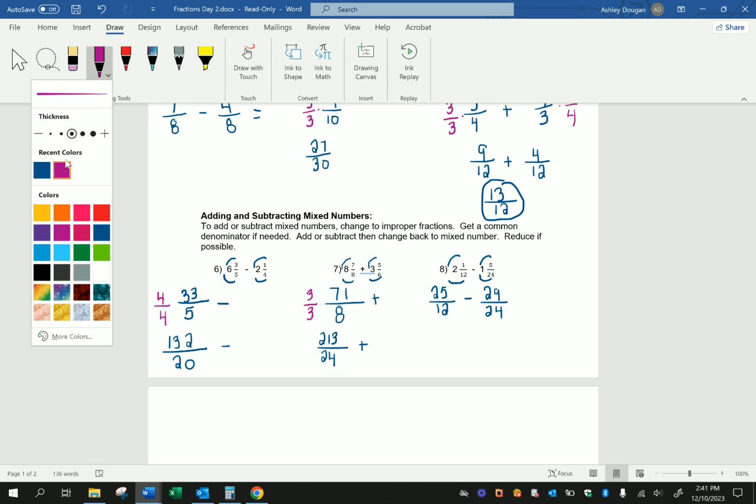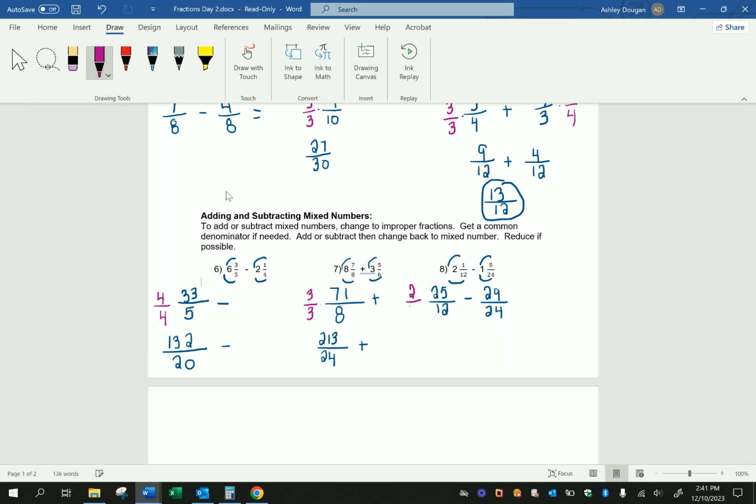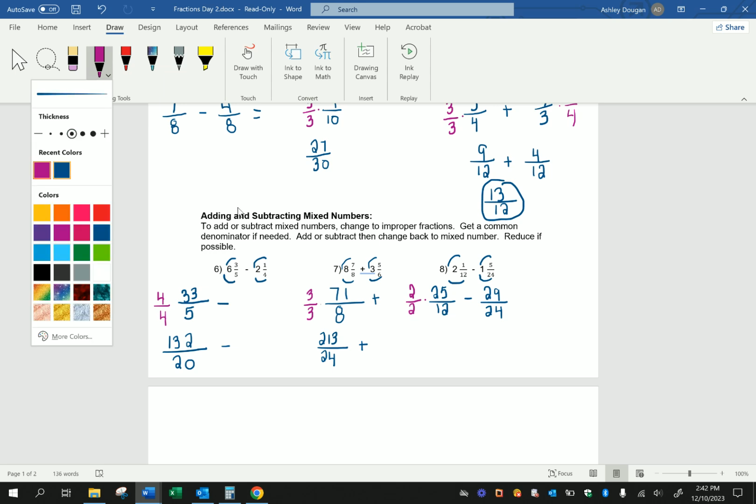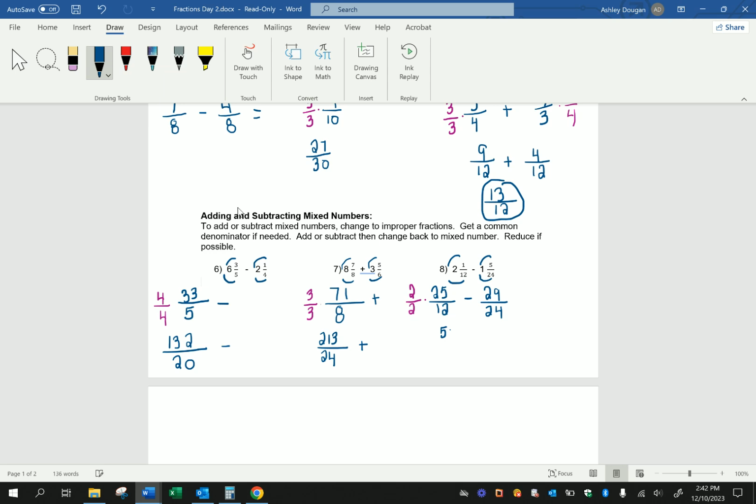24 would be my common denominator. This first fraction has a denominator of 12. I want that to be 24. I would need to multiply that by 2 in order to get the denominator to be 24. I go straight across. 2 times 25 is 50. And then 2 times 12 is 24. I'm subtracting. And then this fraction, 29 over 24, already has the bottom number that I need.